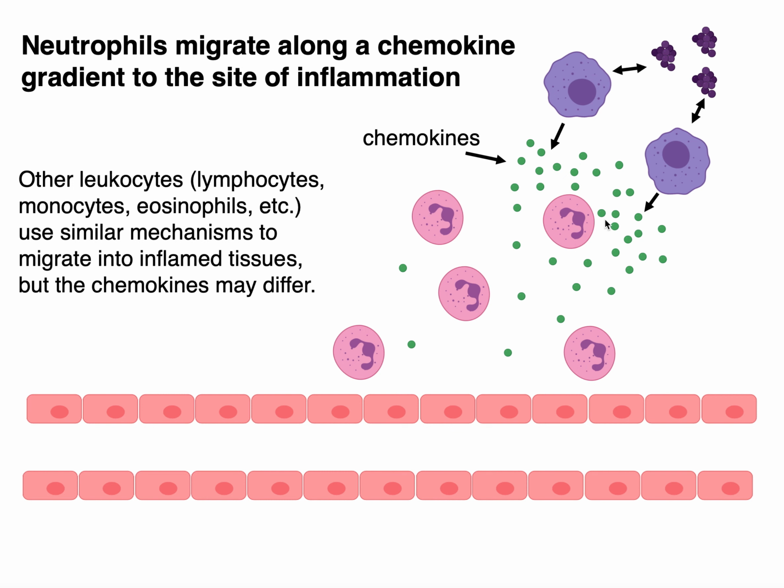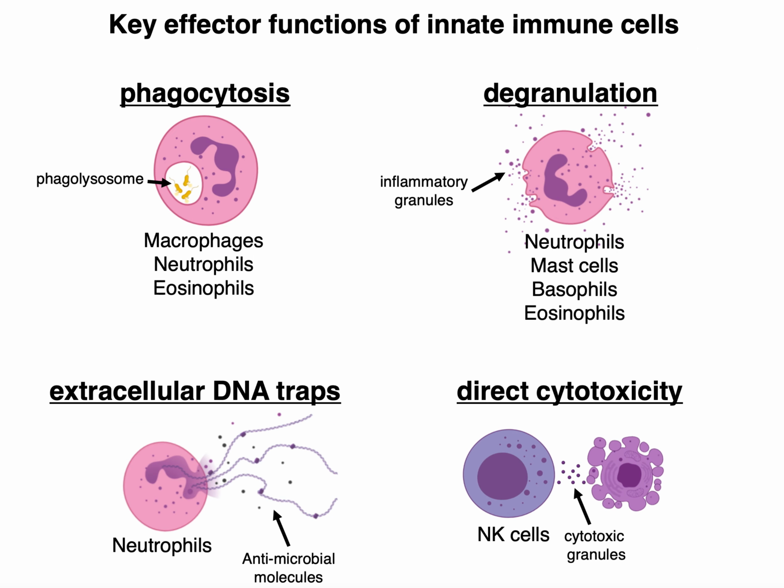And once these neutrophils and these macrophages are there, then they can mediate their important effector functions that eliminate this pathogen. It's important to note that other leukocytes, lymphocytes, monocytes, eosinophils, they all use chemokines to traffic from one place to another. The nature of the chemokines may differ for different cell types, but the basic mechanisms are quite similar.